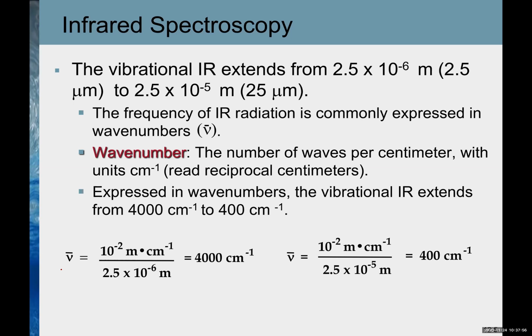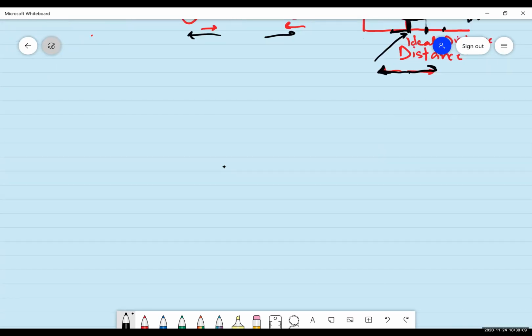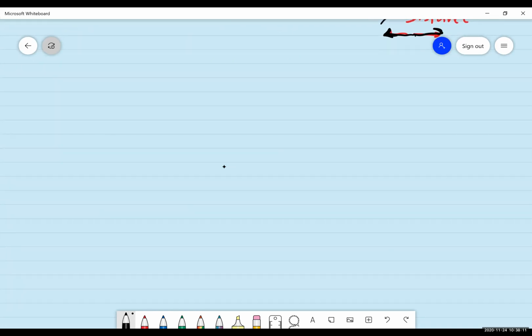In infrared spectroscopy, let me go back here. Let's say I have a molecule.